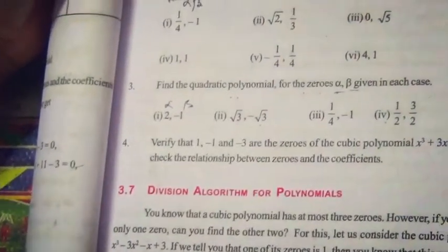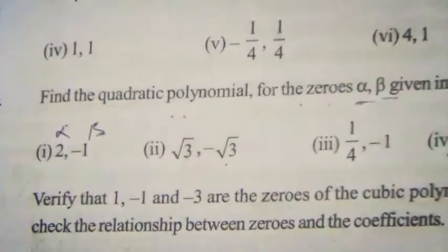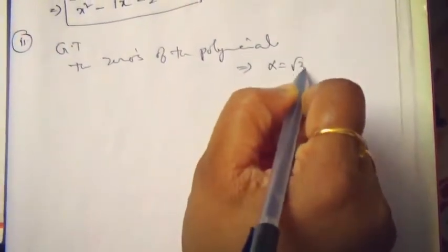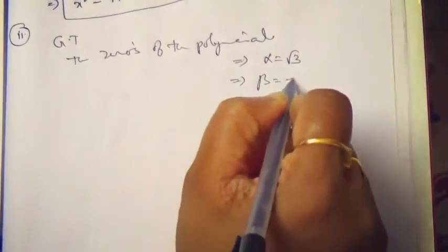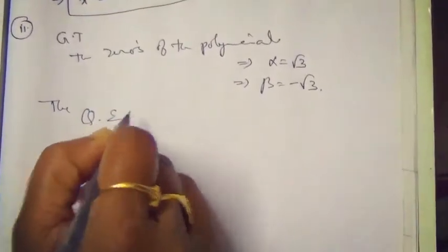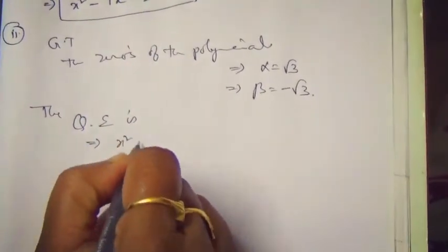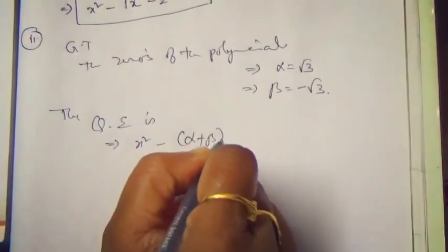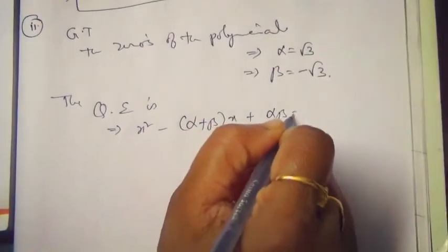Second sum, given that the zeros of the polynomial, alpha is equal to root 3, beta is equal to minus root 3. You just substitute these two in the given equation. The quadratic equation is x square minus alpha plus beta into x plus alpha into beta is equal to 0.